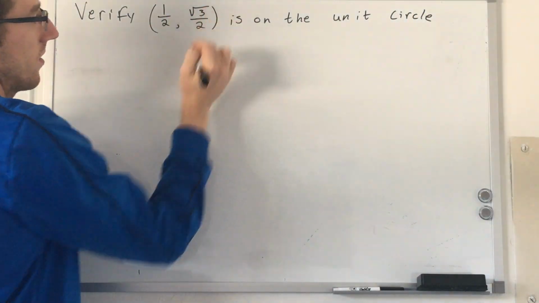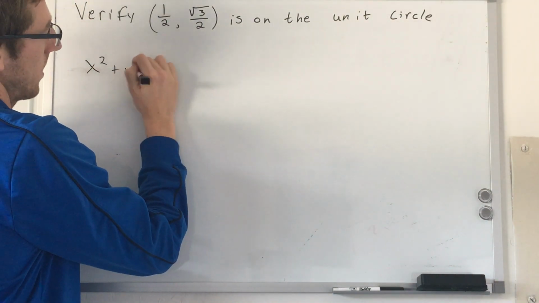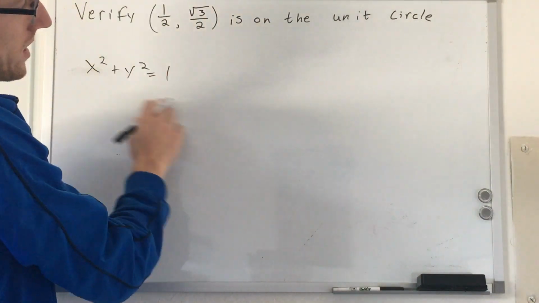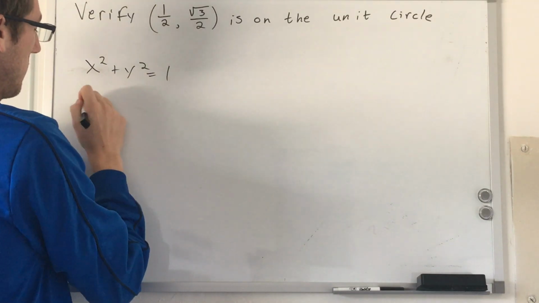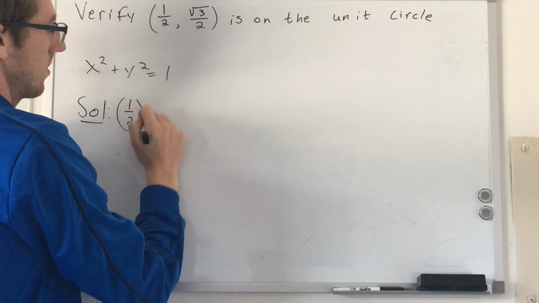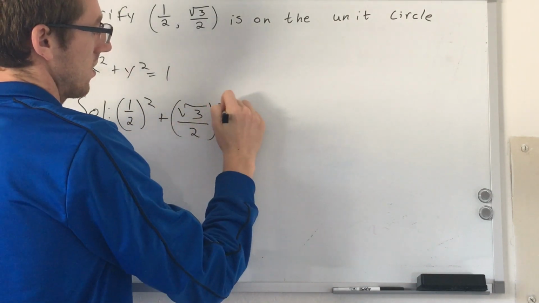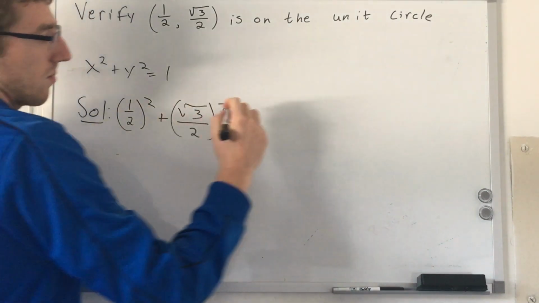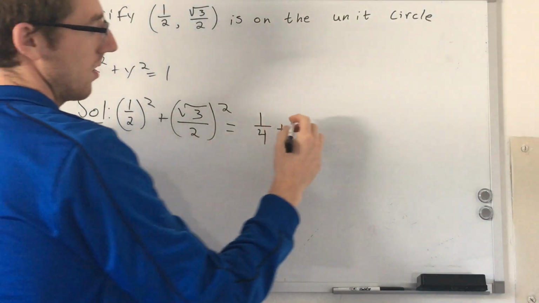Well, that shouldn't be too hard for us. Remember the equation for the unit circle is x squared plus y squared equals 1. We have x and y, so we just plug it in. I have 1/2 squared plus root 3 over 2 squared. 1/2 squared is 1/4, plus root 3 over 2 squared.